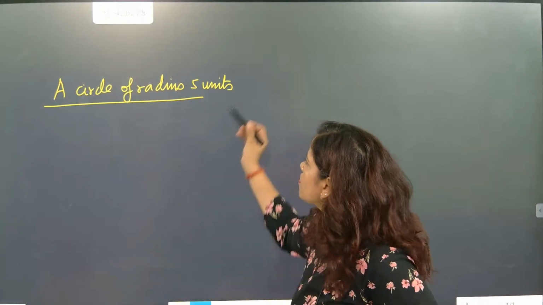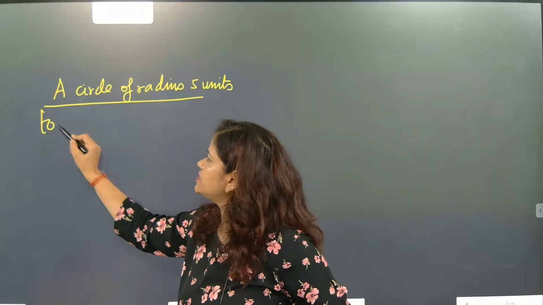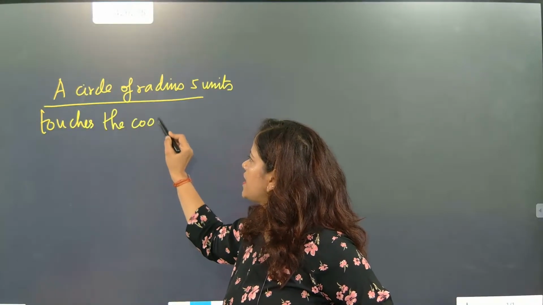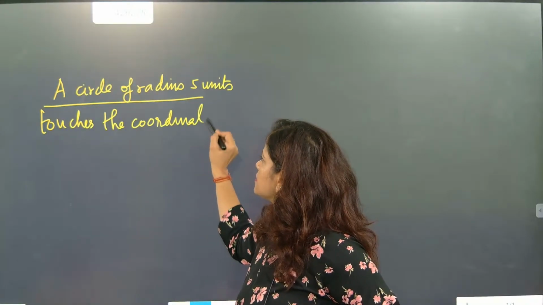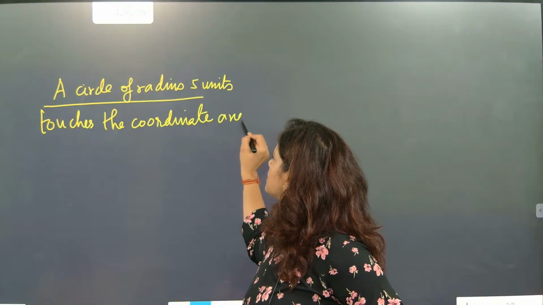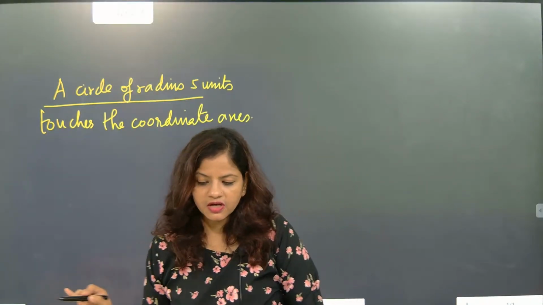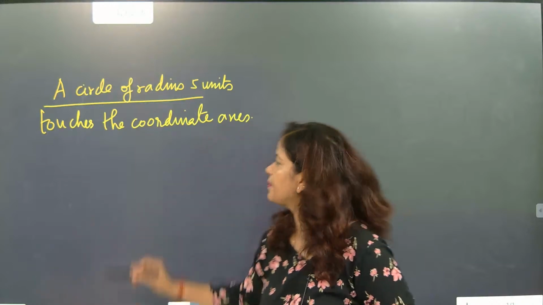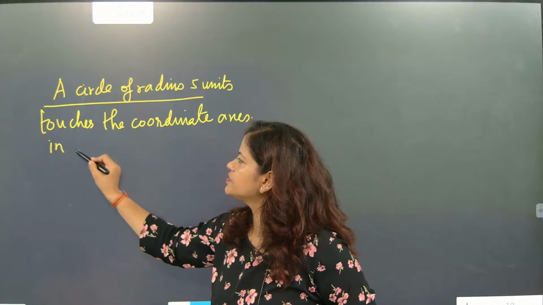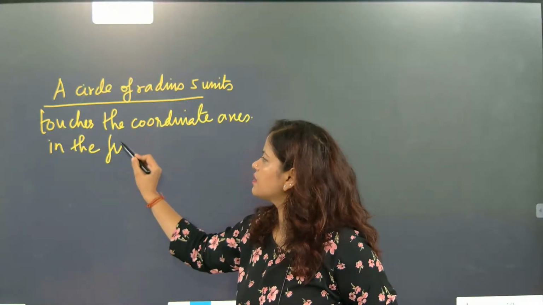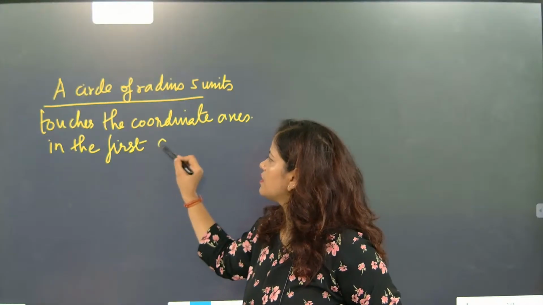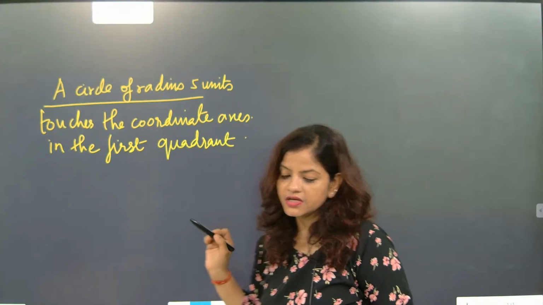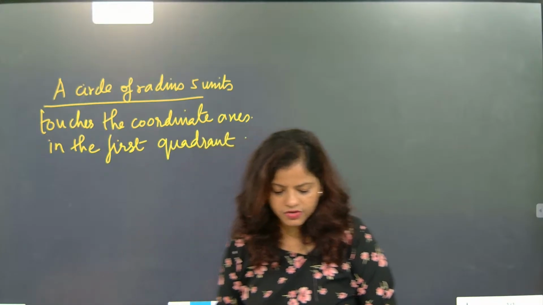It is touching the coordinate axis. Okay, now it is touching the coordinate axis. After that, in the first quadrant, so it is touching the x-axis in the first quadrant.